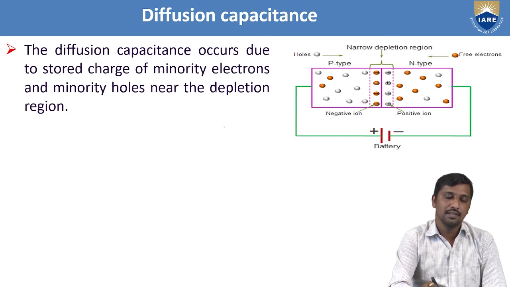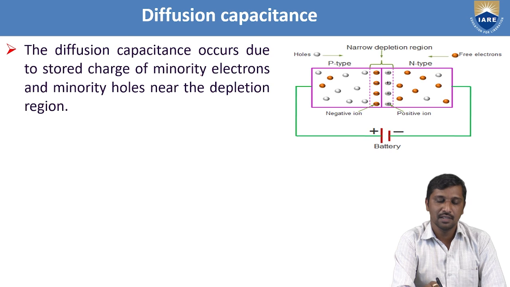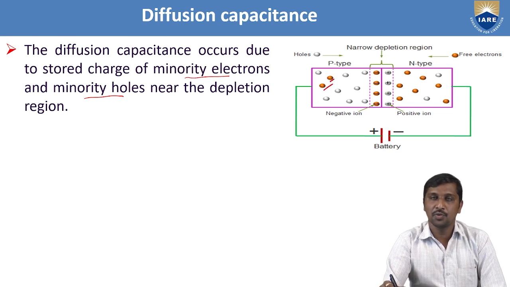So that is the reason I mentioned this point. The diffusion capacitance is due to the stored charge of minority electrons and minority holes. So if you consider the p-type, the minority charge carriers are electrons, and if you consider the n side, the minority charge carriers are holes.